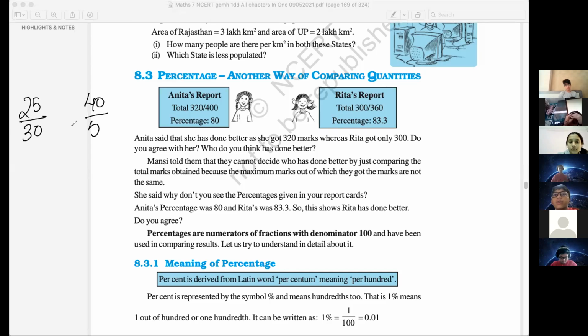We will do 25 upon 30 into 100 to get the percentage. See, the out-of marks are different, so you cannot compare who has done better. So we'll convert the fraction into percentage by multiplying 25 by 30 into 100. So how much are we getting? 25 by 30 into 100.